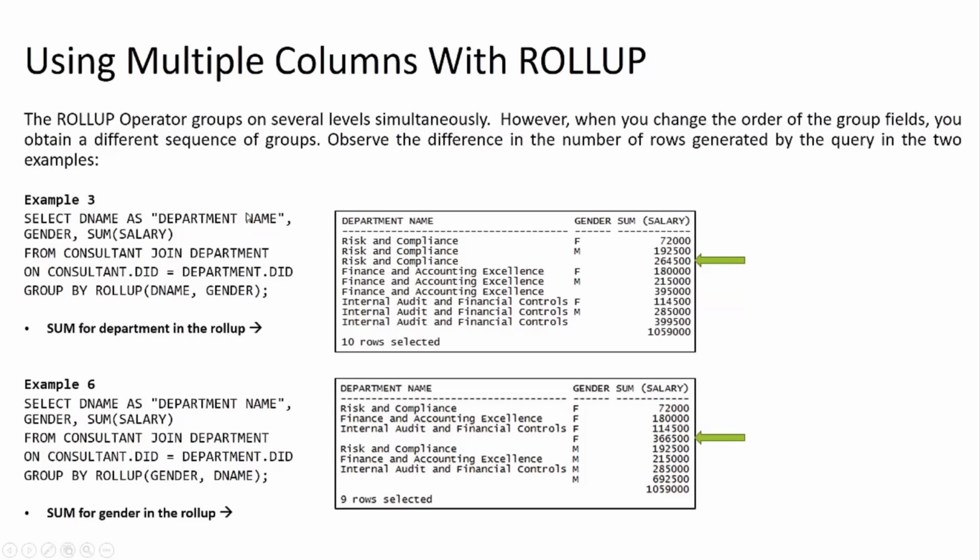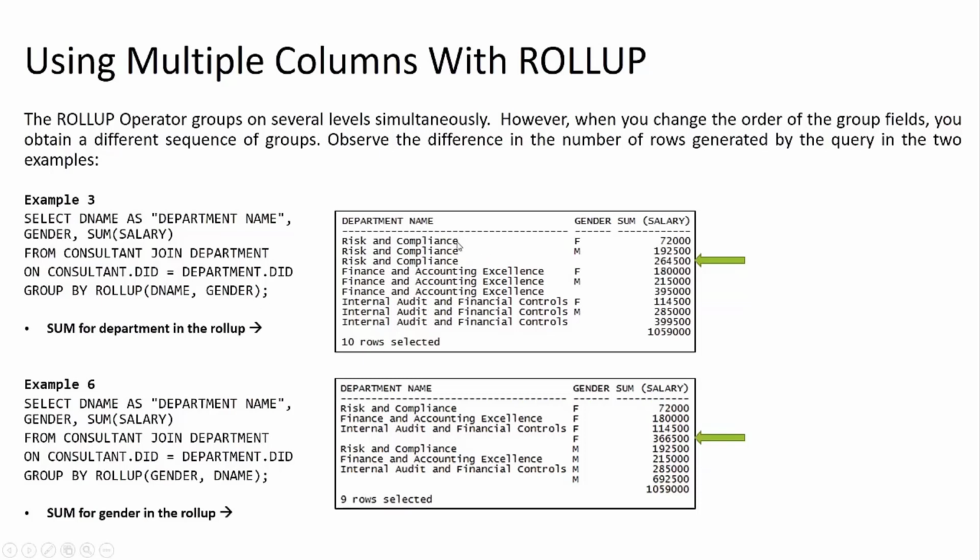Okay, so let's imagine that we wanted to find the average salary, or the sum of salaries. I think average would probably have made more sense in this particular example, but regardless, we're finding the sum of the value of salary for each department, and within the department, breaking that down by gender.